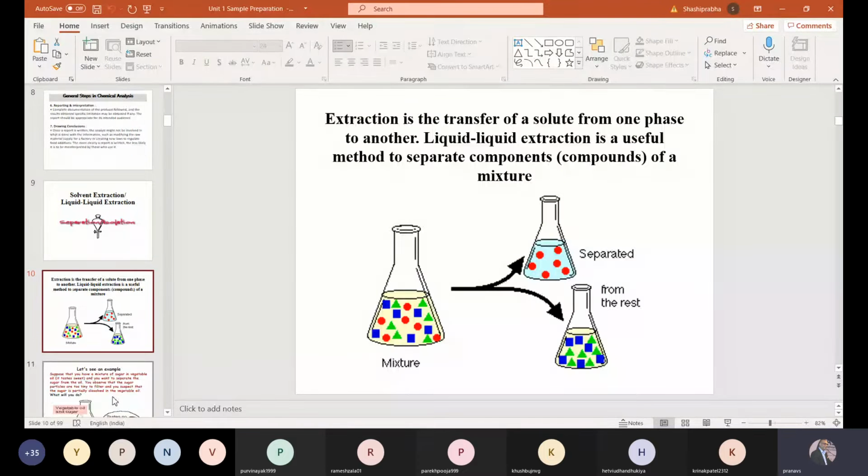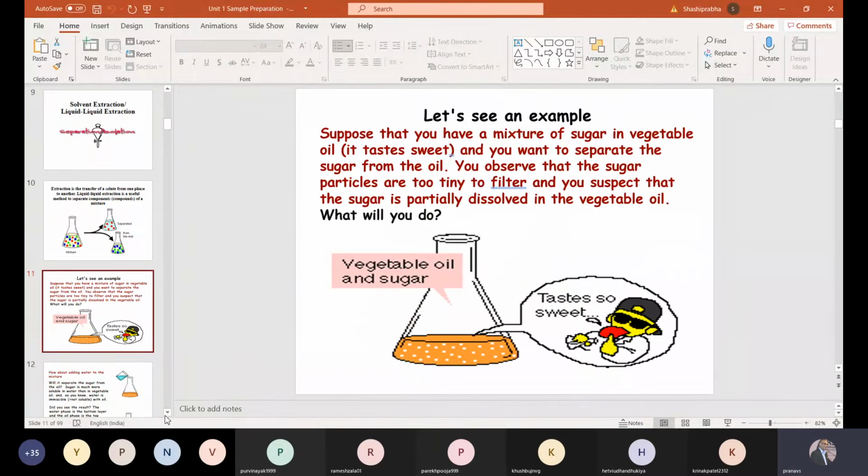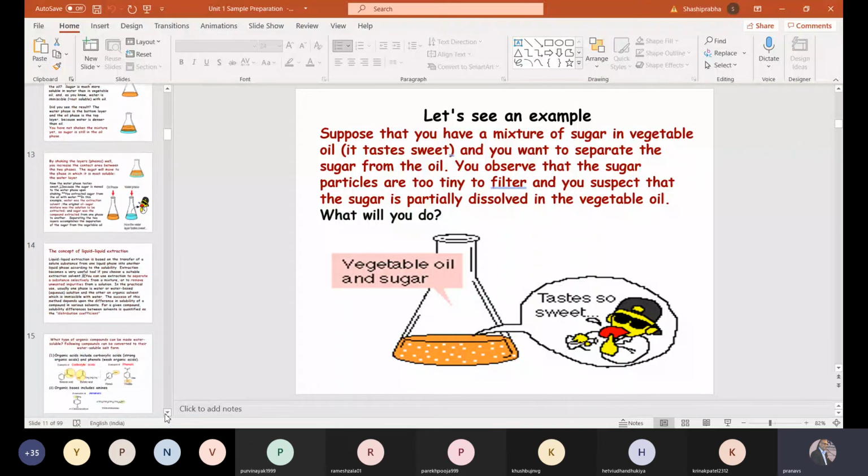At the same time, it can be used to extract the unwanted substances from the analyte of interest, and as a result, it can be used either way, whether we extract the analyte of interest or we extract the unwanted components which are present in a given sample. And the second most important aspect of solvent extraction is that it is used for pre-concentration as well.